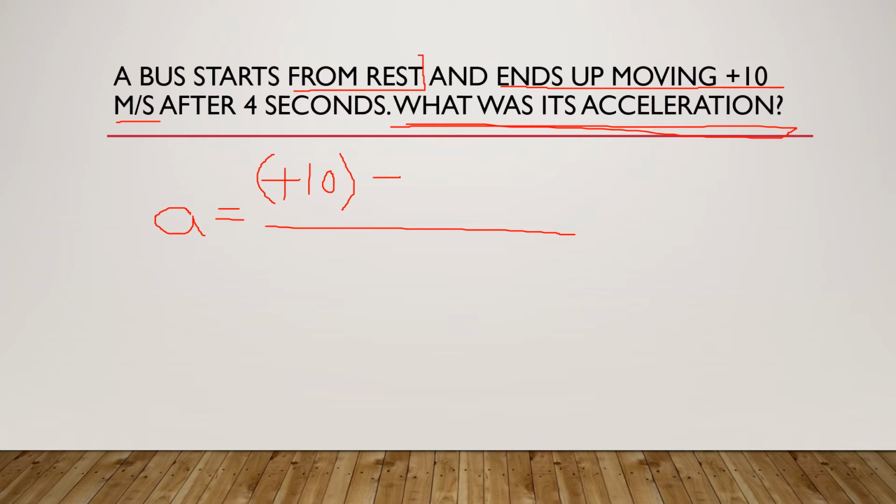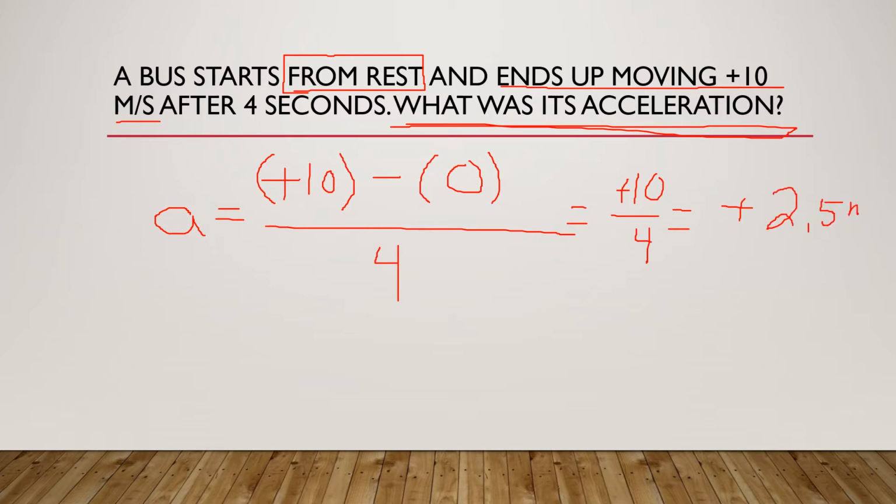Oh, when I see from rest, that means it's 0. 10 minus 0 is 10. 10 divided by 4 is positive 2.5 meters per second squared. Okay, not too bad.